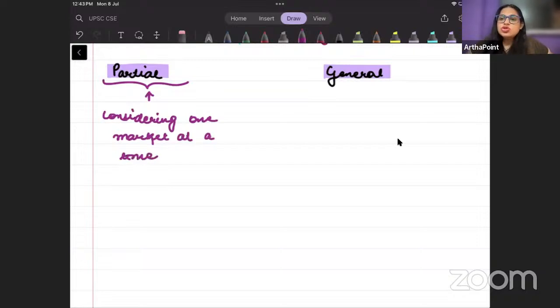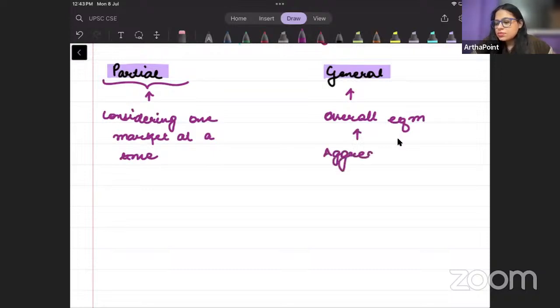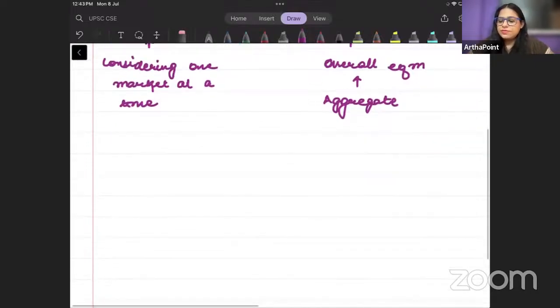And when we talk about general equilibrium, it means we are considering overall equilibrium. Right? Overall equilibrium can be called aggregate equilibrium, and it can also be called wider equilibrium.